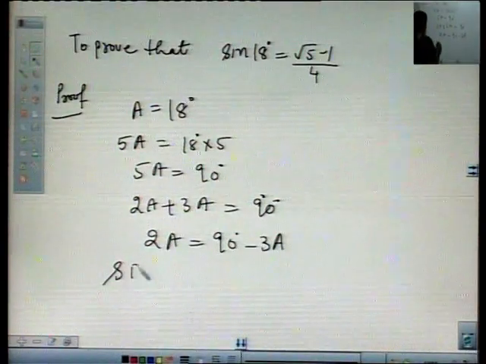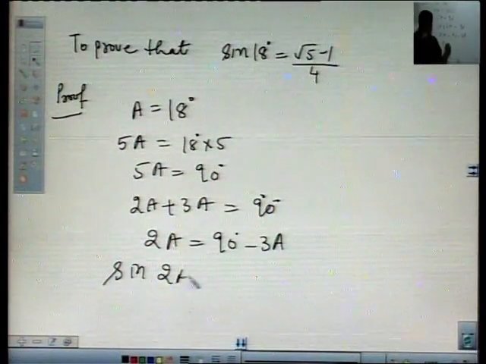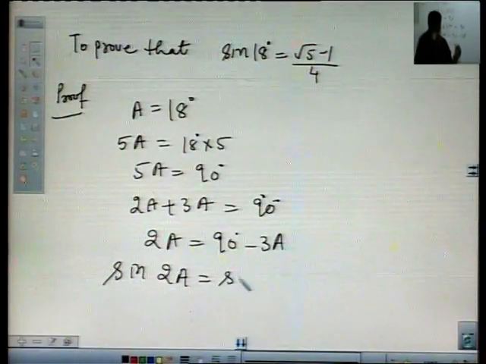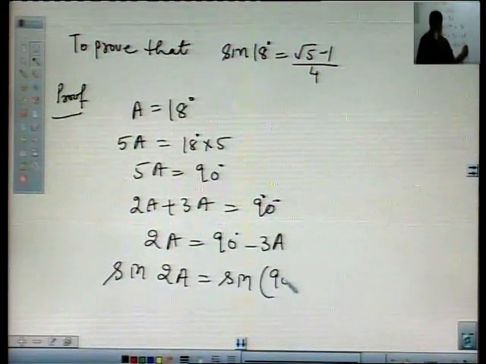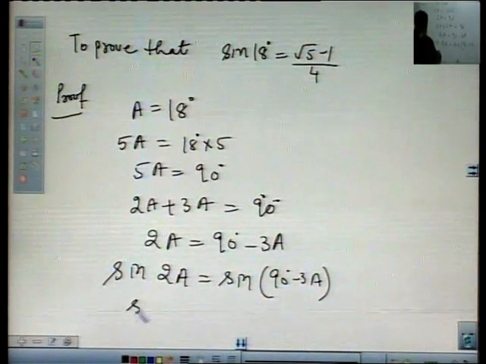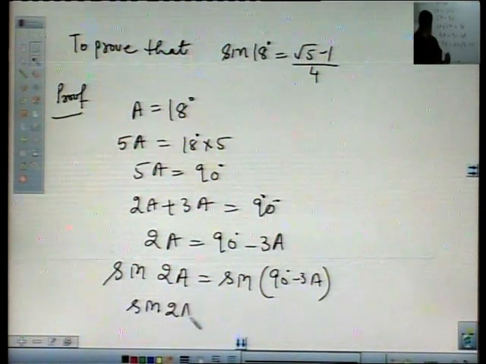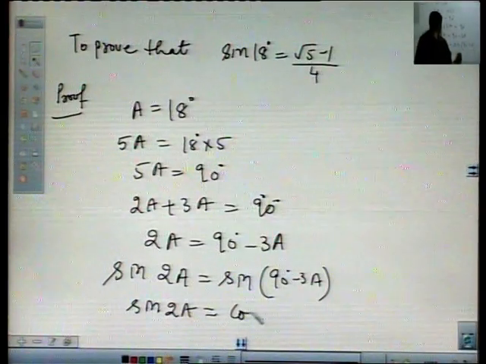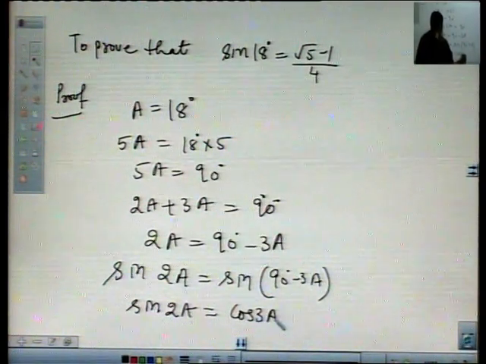Now we will apply sine both sides. Sin 2A is equal to sine 90 minus 3A, and here sine 90 minus theta is cos theta.